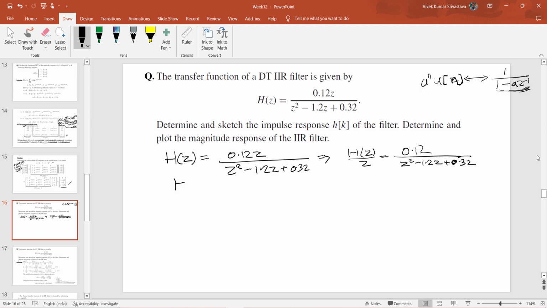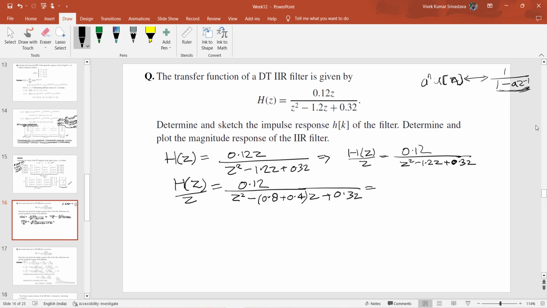Okay, so let us first solve it. H of z over z, we can write it as 0.12 over z square minus 1.2 z plus 0.32.